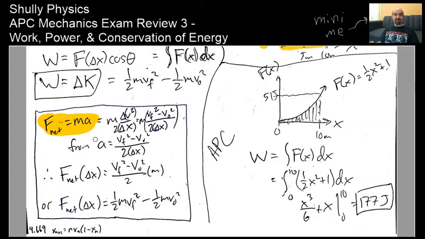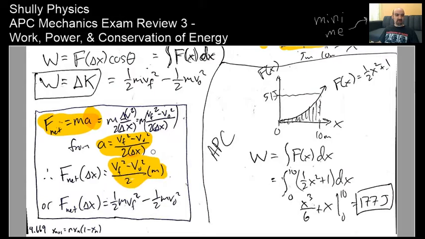And if you take a constant acceleration, and recall that Vf squared equals V0 squared plus 2ax, you reformat that algebraically: a equals Vf squared minus V0 squared divided by 2 delta x. If you plug that in for a up here in Newton's second law, you get m times all that, m times Vf squared minus V0 squared.